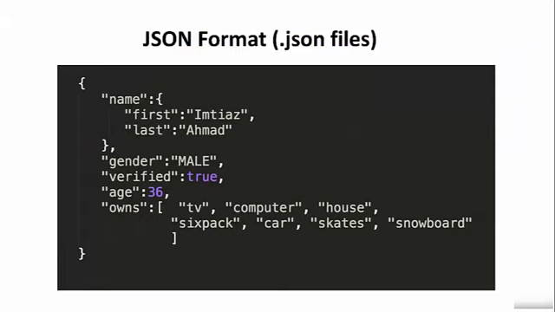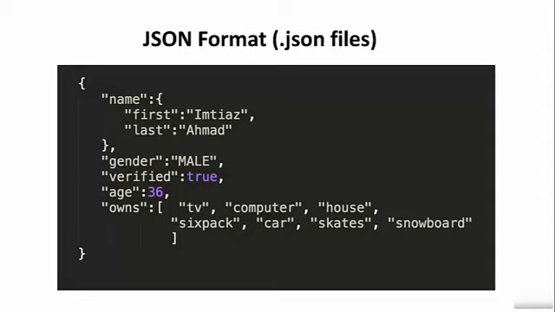Notice that it's pretty readable. The different elements have names, and the actual data is surrounded by these curly braces. So the entire set of data is surrounded by these outer curly braces, and then inside we have a name, and that could be of a person. The first and last is an attribute inside of name, and the value is Imtiaz Ahmad, my first and last name.